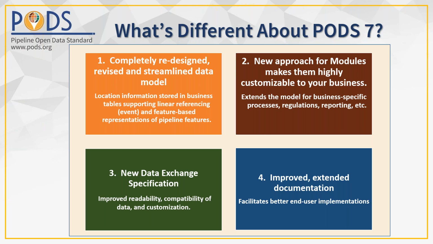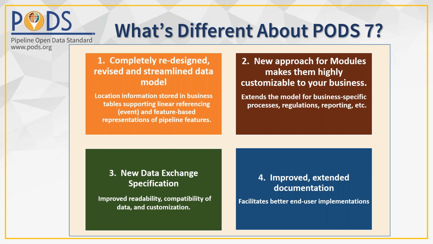So as we close out, I want to leave you with some key differences between Pod 7 and previous models. What's really different? As you can see, it's been completely redesigned. I think you would also agree that it is very streamlined. There's not a lot of fluff there.